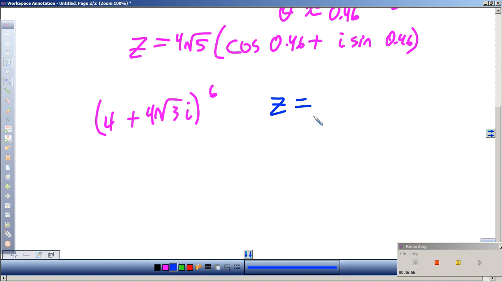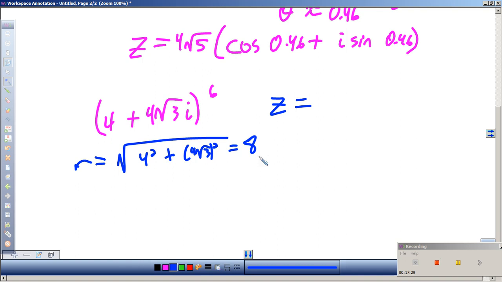What's r going to be? So first, r equals the square root of 4 squared plus 4 square root 3 squared, which is 64, which gives us 8. So r equals 8.